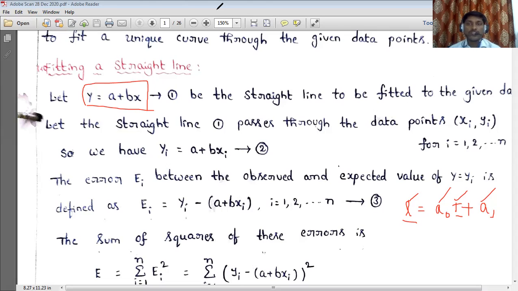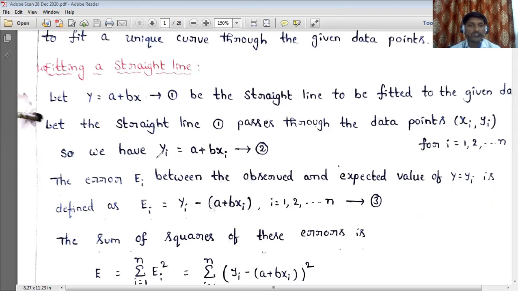So here, first we chose y is equal to a plus bx as a straight line to be fitted to the given data. Now we are taking the exact one. Here we are taking the assumption, and we already have the exact one. So let the straight line pass through the given data points. Already we said the data passes through the points x1 y1, x2 y2, x3 y3 and so on, xn yn.